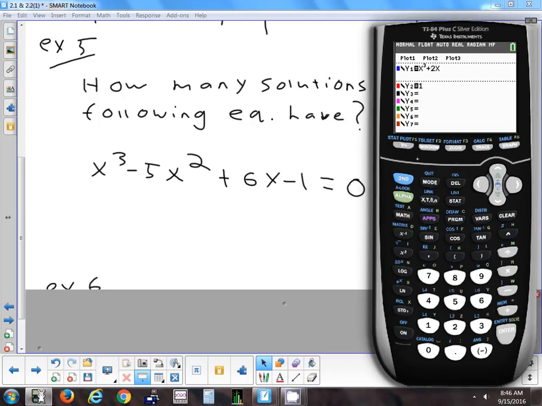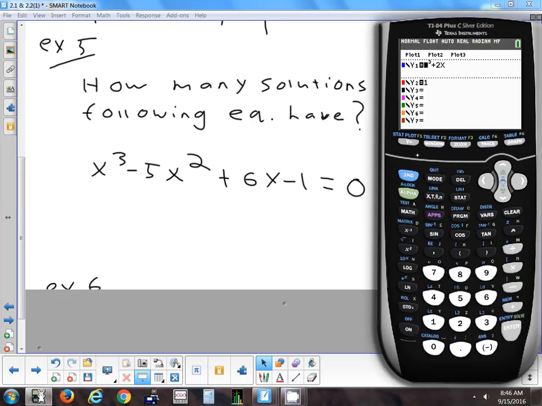I'm not getting into imaginary solutions today. So we have x cubed minus 5x squared plus 6x minus 1. It's already equal to 0, so I'm just going to leave it that way. Type it in. Let's see how many times it crosses the x-axis.